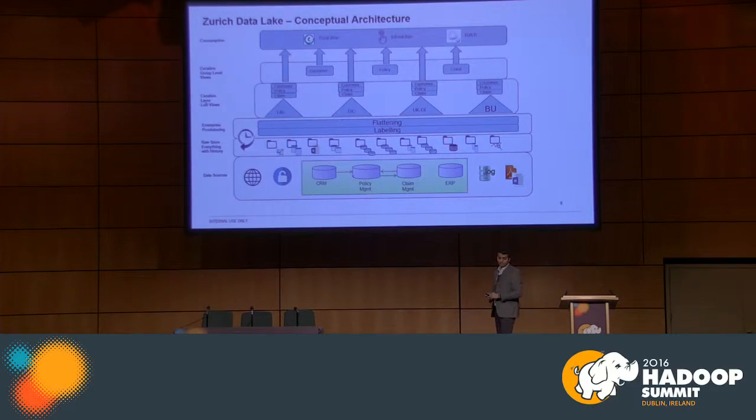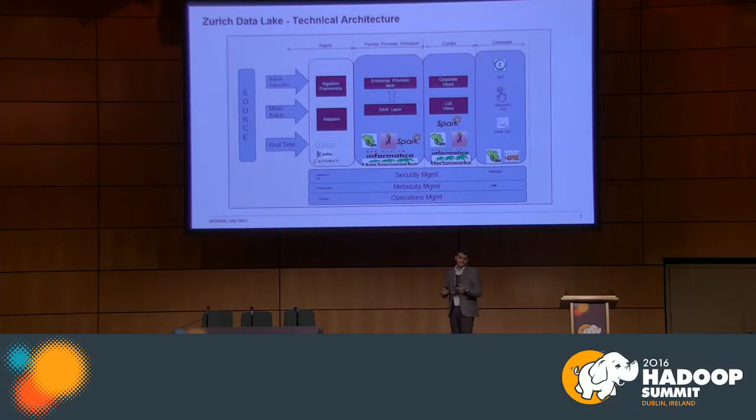Moving on from the conceptual bit, it's more around how technically we are architected. What we really have is an ingest, persist, process, and provisioning layer, and then we have a curate and consume layer. We have an ingestion framework which has been homegrown, where we do batch ingestion, microbatch, and real-time ingestion.